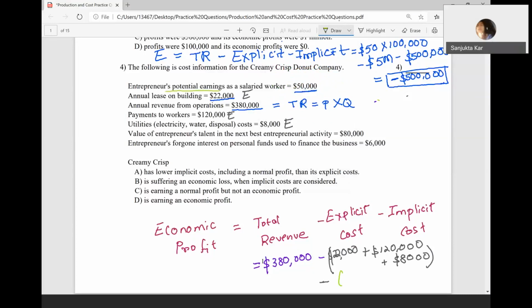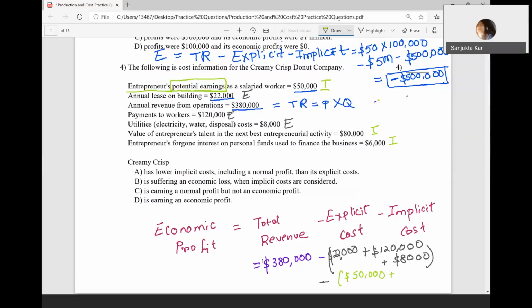And then from here, I will take off the implicit cost of production, which is this one is potential earnings. That means entrepreneur could have had these earnings as a salaried worker. That means if he or she was not working for Krispy Kreme donut company. So this is implicit. This is also implicit, and this is also implicit. I'm going to take off 50,000.